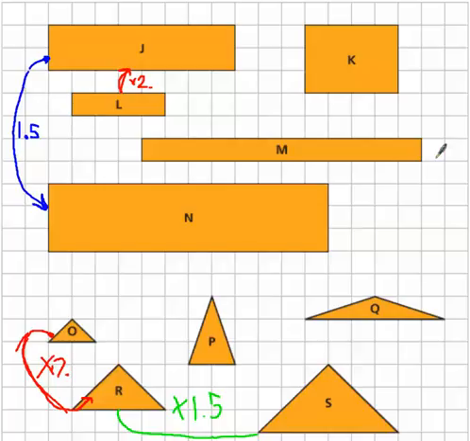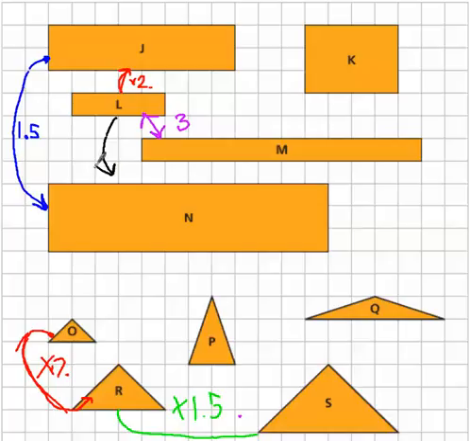Okay, so I thought M and L were the same. And that scale factor is 3. I thought that L and N were similar.